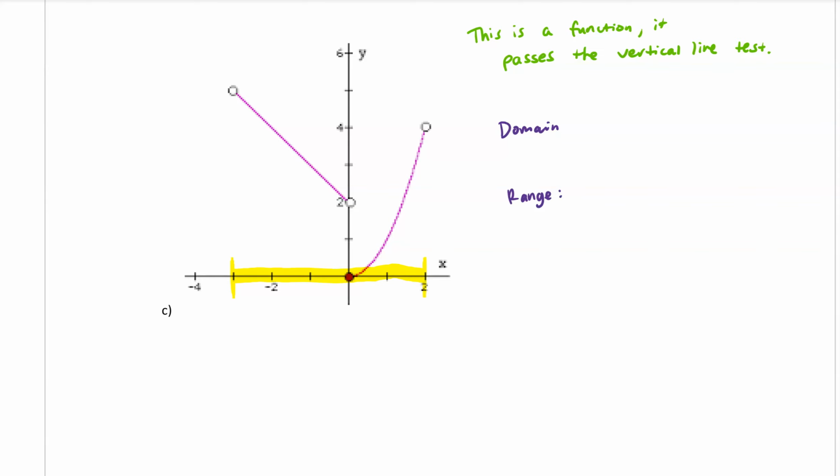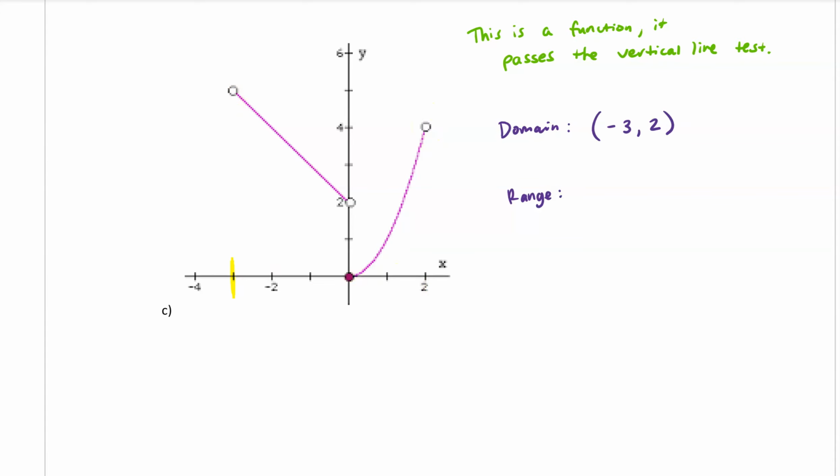And one thing that we have to notice is that both of our endpoints are open circles, so that means that -3 and +2 are not included in our domain, so we have to use parentheses to indicate that. So the leftmost point is -3, and then the rightmost point is +2. And I'm enclosing those x values with parentheses instead of brackets.